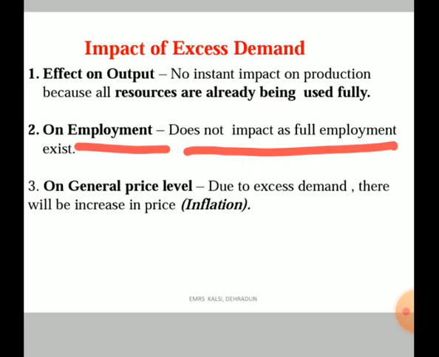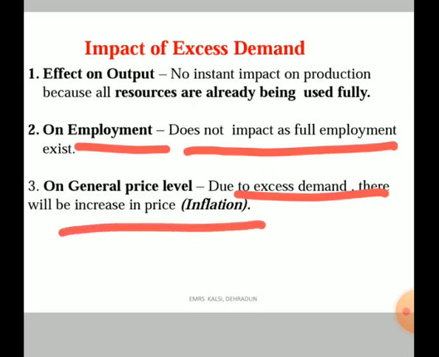Now third is the general price level. What will be the price level in the economy? Due to excess demand, demand is more and supply is less. We have studied in the 11th class that when demand is more and supply is less, the price of goods increases.